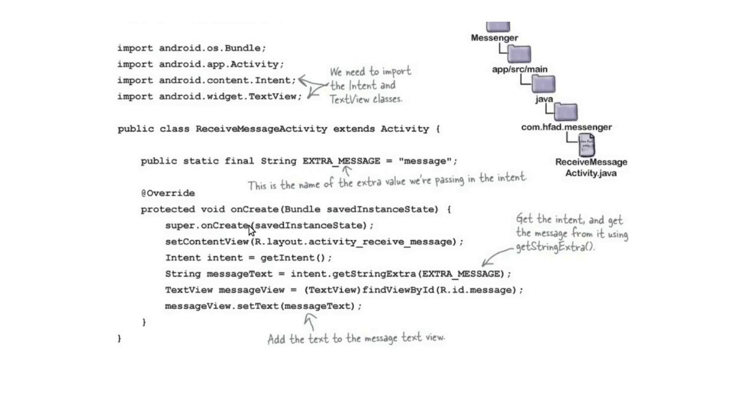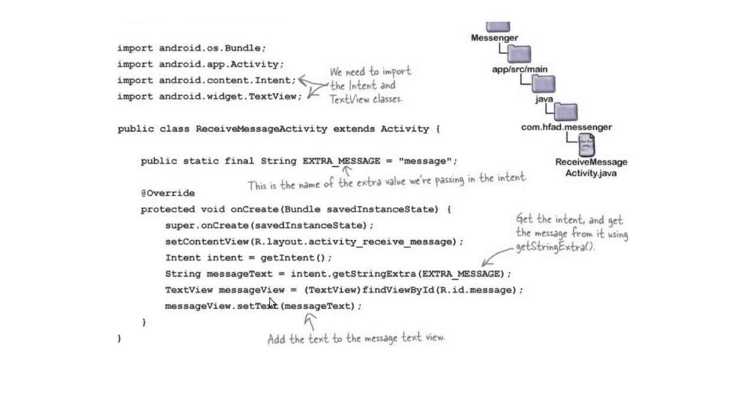Then we have to override the onCreate method for all the activities. Here we create the intent, and then we write the get intent method. Get intent means whatever intent started that activity would be there, and then we use the get string extra method to extract that string.